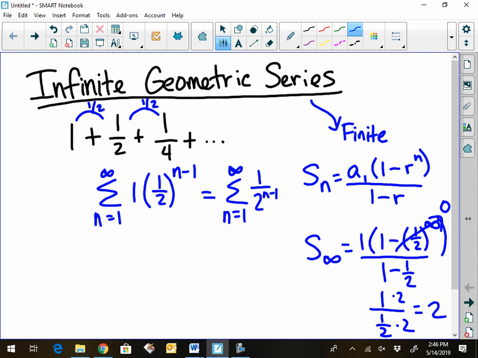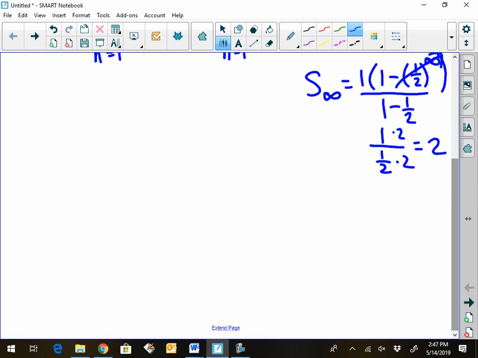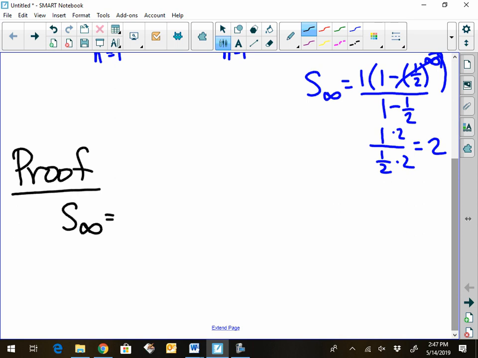Now this is an introduction to the proof of the limit of it, but you'll look more at that in future classes. I want to prove it using our algebra, similar to our proof that we did before. So let's look at, just in general, the sum, okay? So we have our proof here. So if we say s sub infinity, remember that we would still start with our first terms, right?